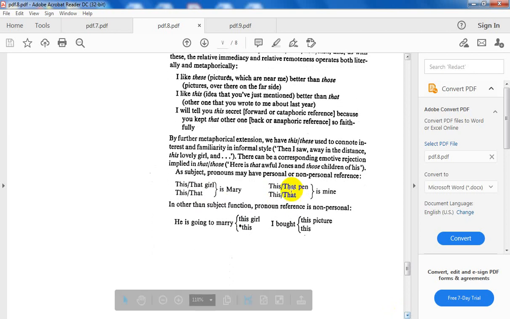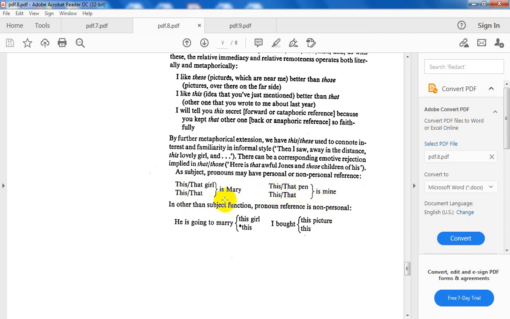As subjects, pronouns may have personal or non-personal reference. Pronouns may have personal or non-personal reference as subject. This girl, that girl: here the subject is Mary, so it is personal. Okay. That pen is mine: here it is non-personal.